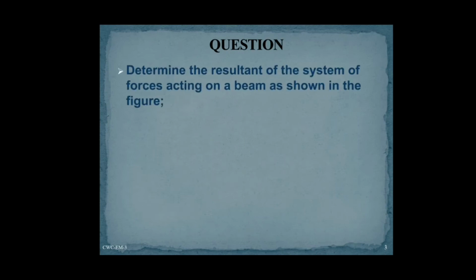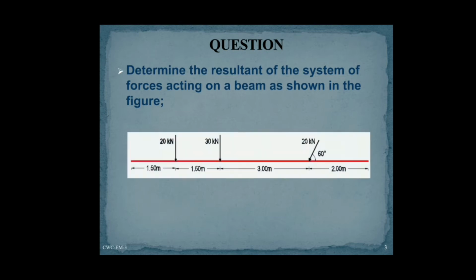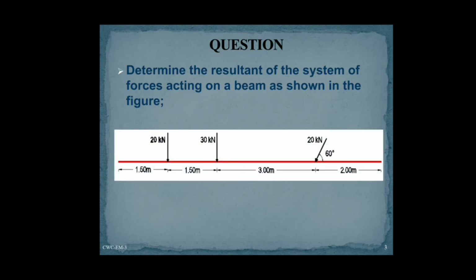Here is a question. Determine the resultant of the system of forces acting on a beam as shown in the figure. So you can see there is a beam element, and three non-concurrent forces are acting on it. There are two vertical forces and one inclined force.